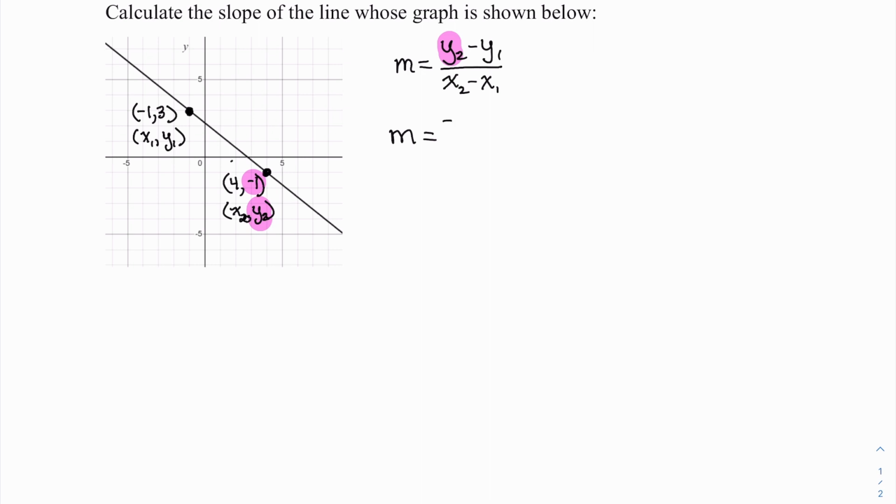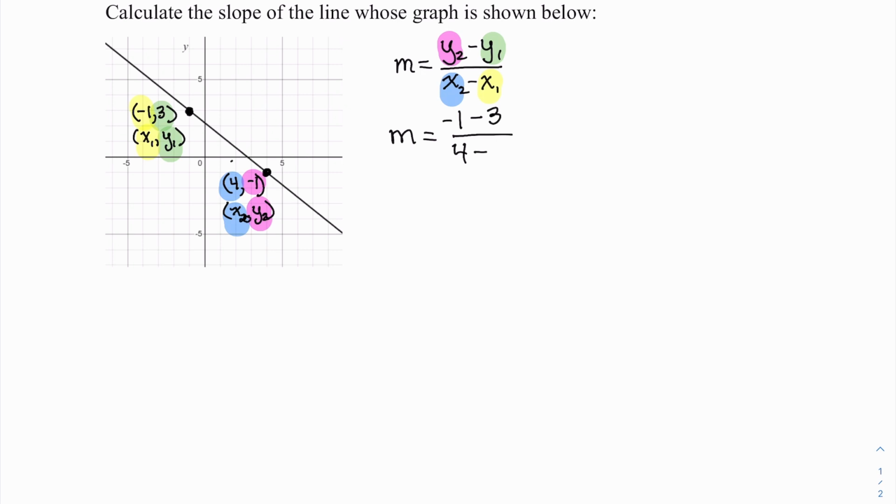So that's -1 minus, for y sub 1, we look, and here's my y sub 1, so that value is 3, over then x sub 2, look for x sub 2, that is here, that value is 4, minus, and then x sub 1, that value is there, that value is -1.